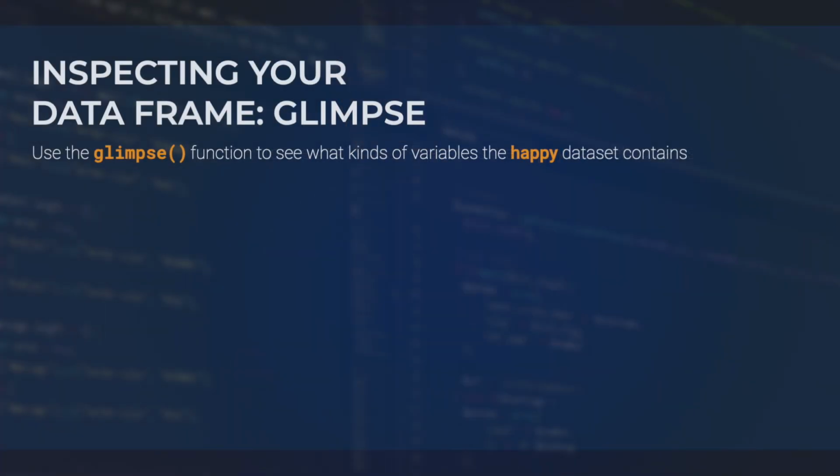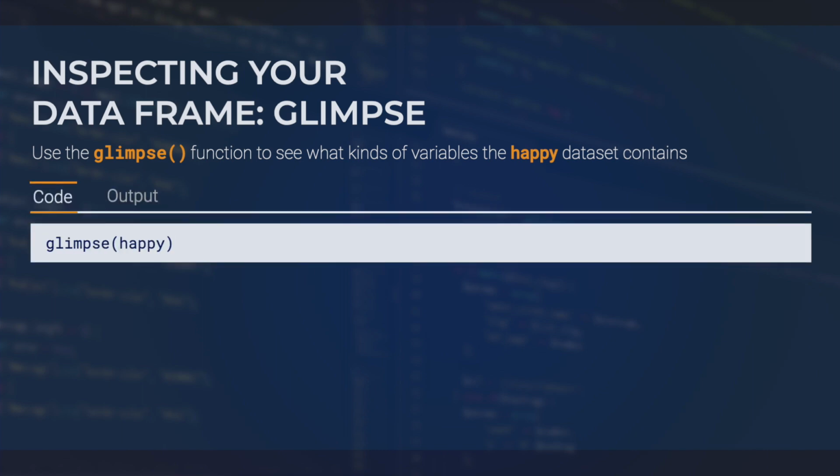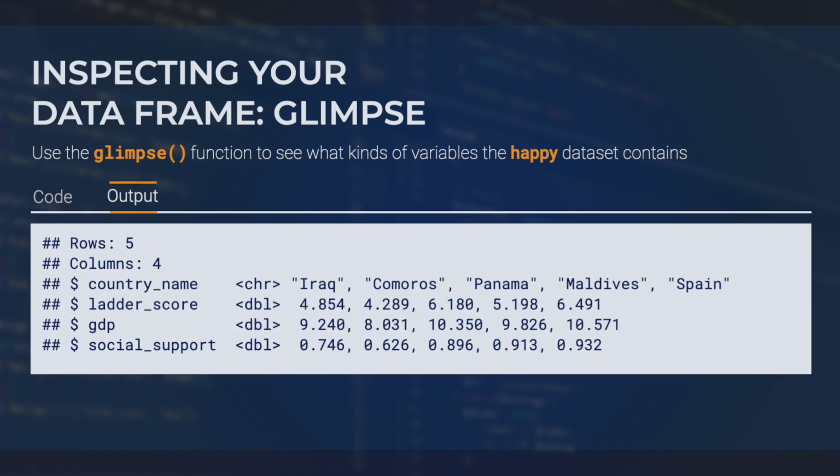So dim is useful but limited. A more comprehensive function is called glimpse. Let's apply glimpse to our dataset, which we in this case can also refer to as our data frame, and I'll be using those 2 terms interchangeably. Once again, the code is simple and looks just like dim. When we run glimpse, we can see that it too shows us how many rows and columns our data frame has.